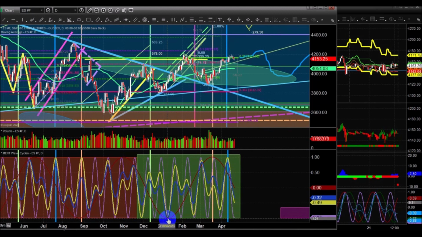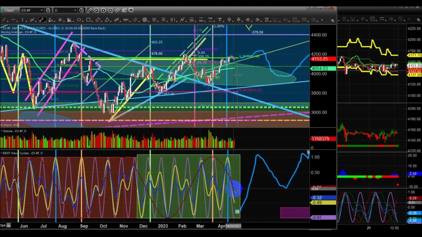We hit our low, all of the cycles reached an extreme low at this point, and we may at some point reach an extreme high back out here in this cycle phase. We'll just have to see how it plays out. But again, my interpretation is that we are going to move into this type of a cycle phase, which means that we're going to move into an upward cycle phase.